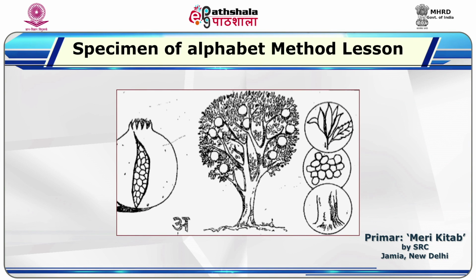For example, when he teaches the learners A with the help of the illustration of the object anar, that is pomegranate, he asks a question: what type of physician do you see when you get sick? The answer is generally doctor, but some of them may say we go to Hakimji or Vaidyaji. Then the teacher says there are several systems of treatment in our country.